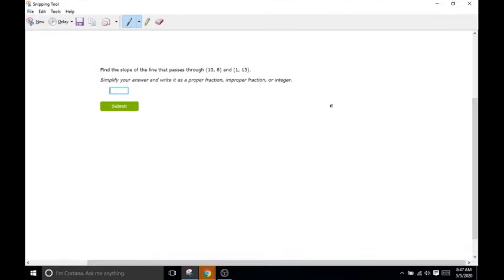Okay, so I'm just going to write change in y over change in x. Triangle is a delta. The Greek symbol just means change. So we have y2 minus y1 over x2 minus x1. And so we'll do x1 here, comma y1 there, then x2 here, comma y2 there. And now we'll just plug them in.